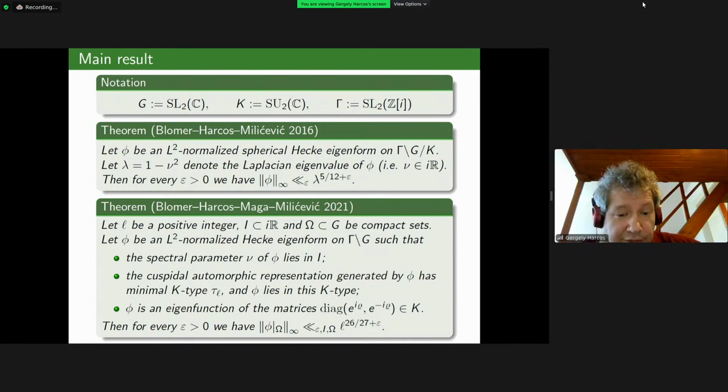And we assume that phi is of minimal weight in the sense that it lies in this K type, so the K translates of phi generate this K type.